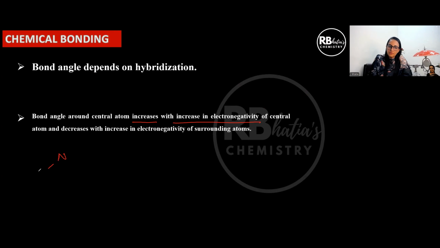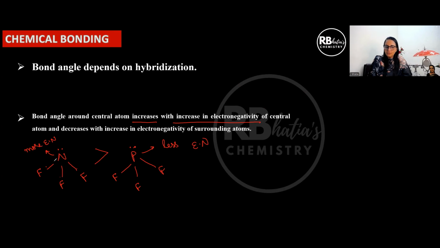If I ask you to compare the bond angle of NF3 and PF3, same hybridization, similar steric number, 3 bonds, 1 lone pair, 3 bonds, 1 lone pair, everything is the same. But bond angle is going to be more here because nitrogen is more electronegative than phosphorus. So the more the electronegativity of the central atom, the more the bond angle.